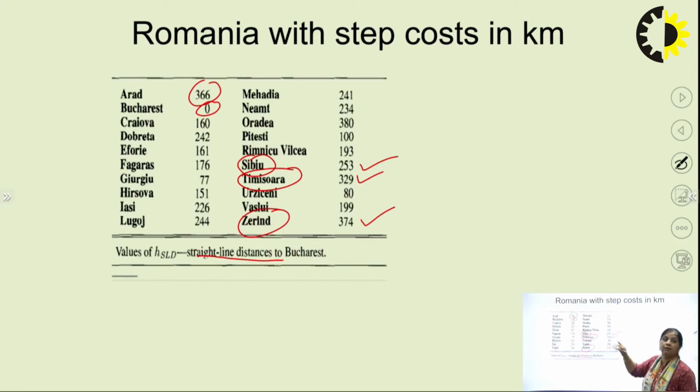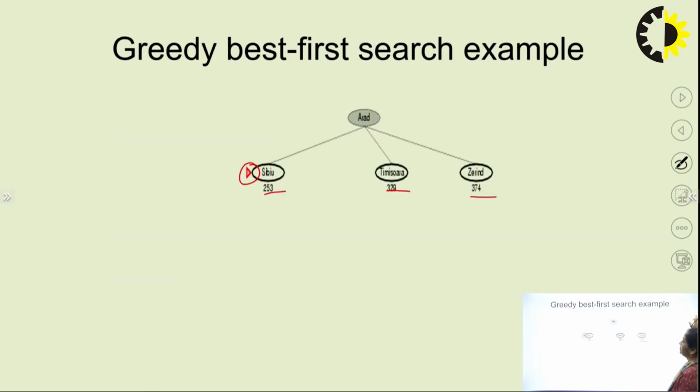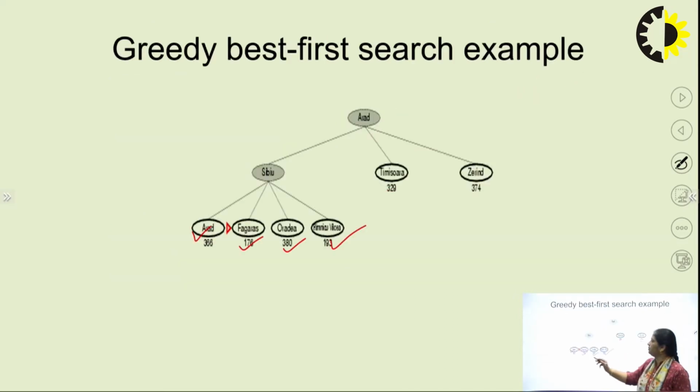So we are able to see that from Arad the straight line distance is 366, from Fagaras to Bucharest it is 176, Oradea 380, and Rimnicu Vilcea 193. Again we are greedy, and since Fagaras seems to be 176, we have selected Fagaras for expansion. So from Arad we have reached Sibiu, and now from Sibiu we will expand Fagaras.